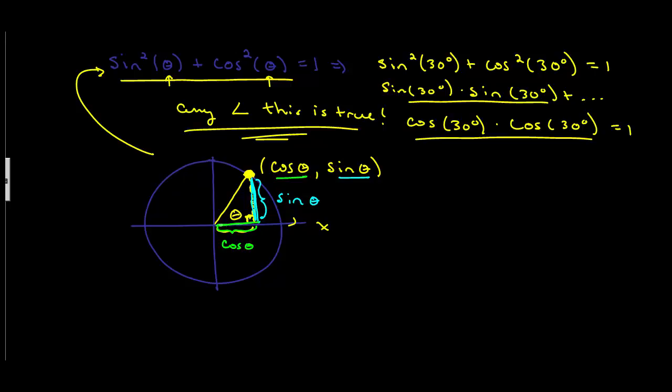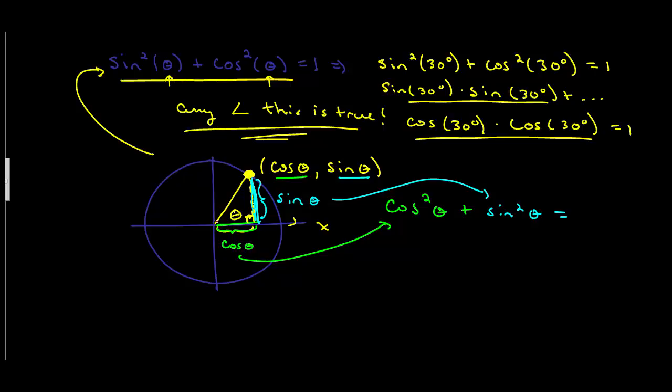Now, it's a right triangle. So since it's a right triangle, we know that if we square the two smaller sides, so if I take the cosine, this length right here, square it, and I add that to this length over here squared, I get the hypotenuse squared.